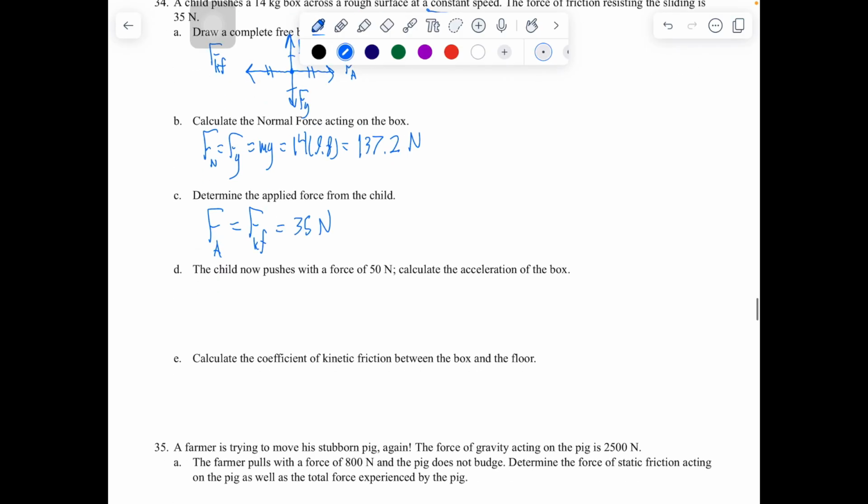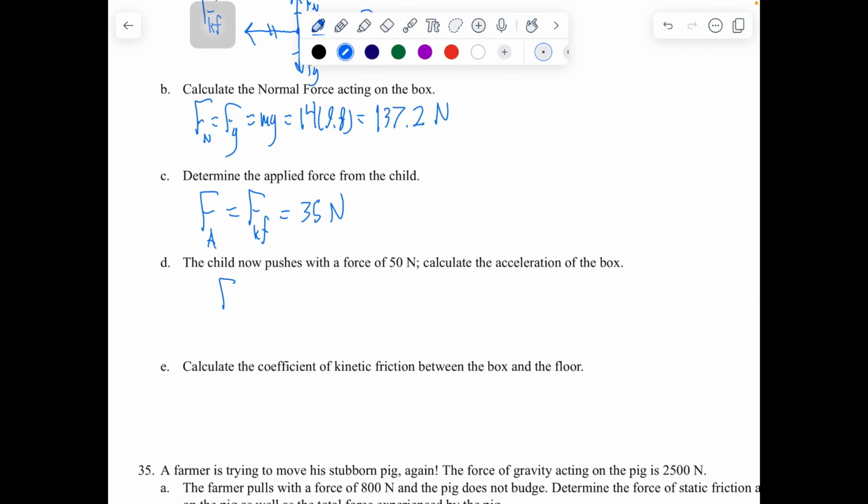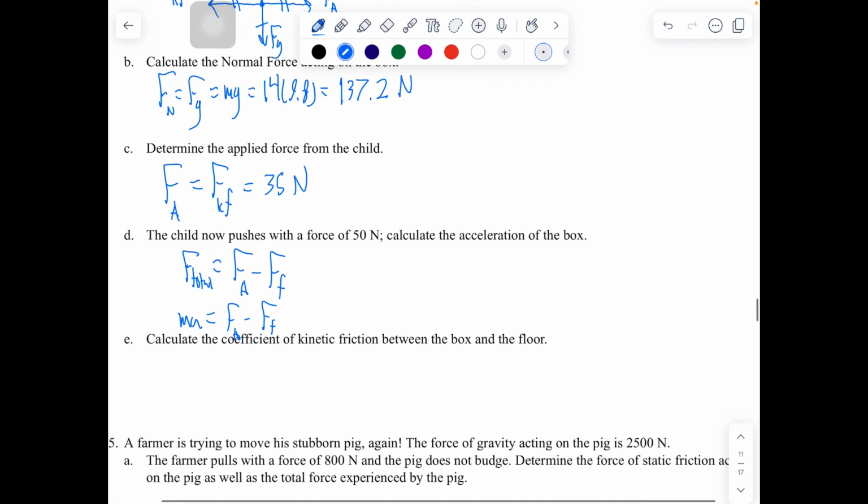Calculate the acceleration. Well, total force is going to be the applied minus our friction. We can plug in: ma is our total force, so it is applied minus friction. Now let's plug in. The mass is 14 kilograms. 14a. We're calculating the acceleration, so we leave it.